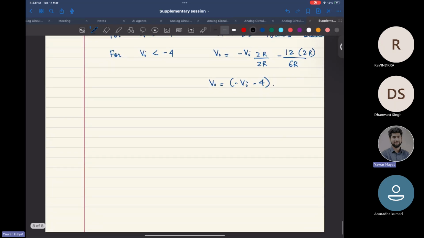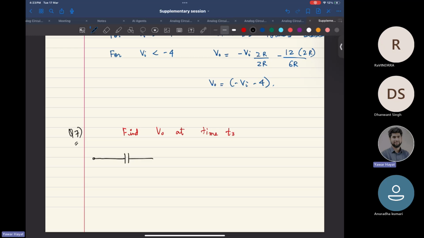What about the 7th? For 7th, you need to find VO at time T3. The circuit of interest would be the following.